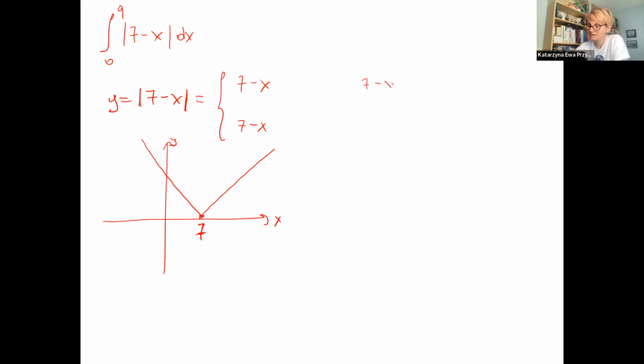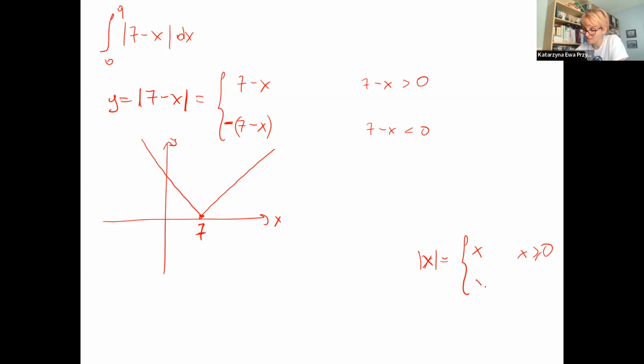But this must be positive. Yeah? If the quantity 7 minus x is negative, then I have to make it positive. That's how we normally do the definition. If the quantity is positive, we can ignore the absolute value.